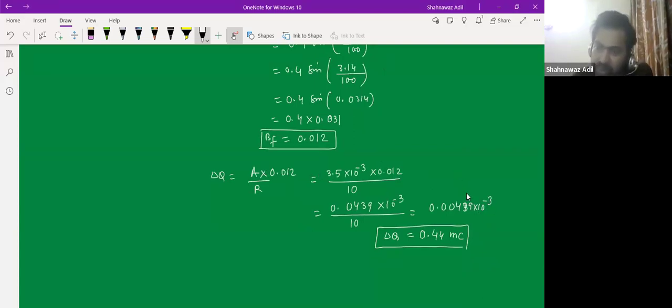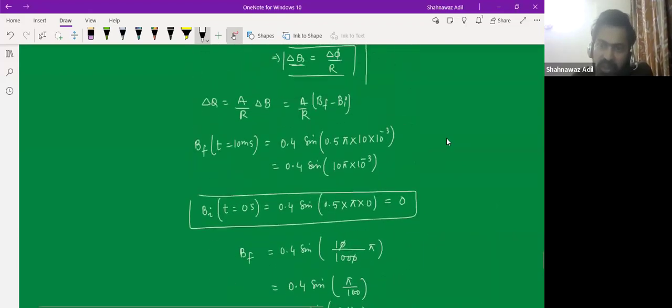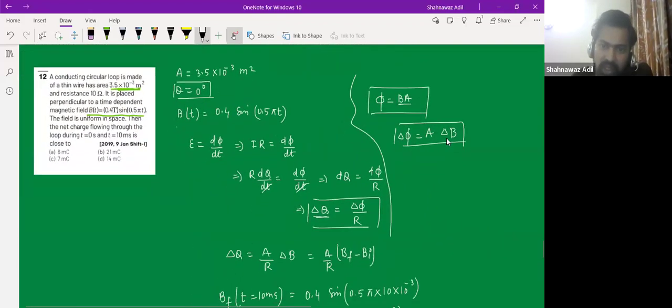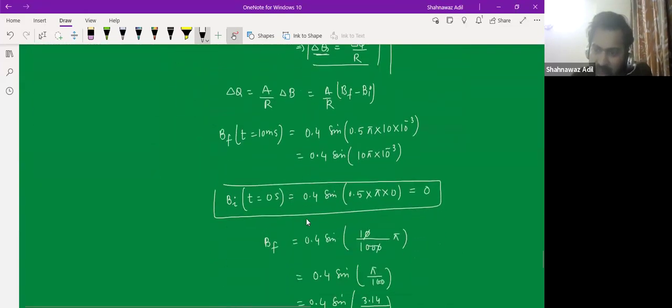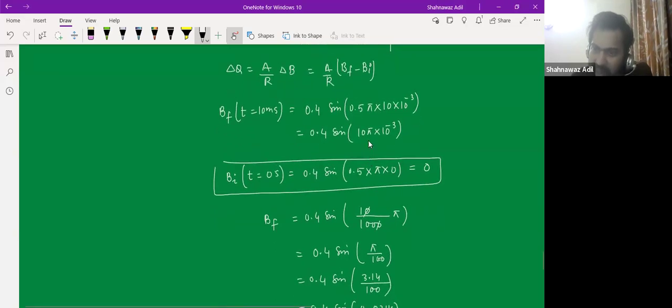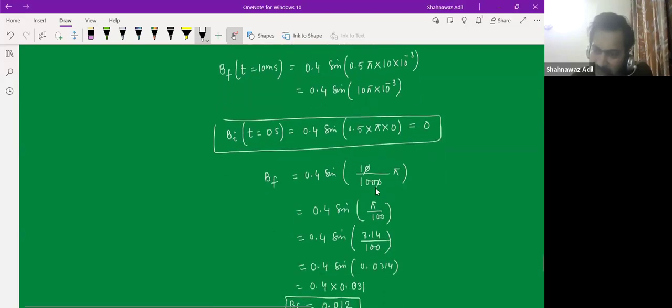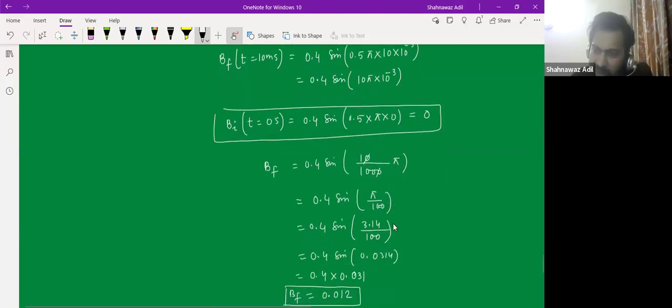Oops. Okay, did I make any mistake in here? So 3.5 into 10 to the power minus 3, right? And yeah, so this is 0.4 and then this is 10 pi into 10 to the power minus 3, so pi by 100. So this is 3.14.